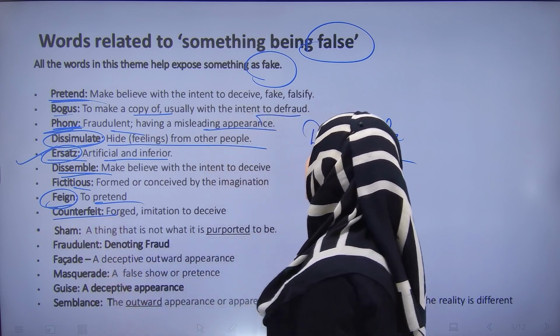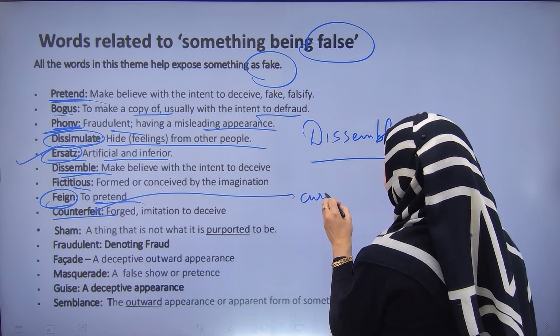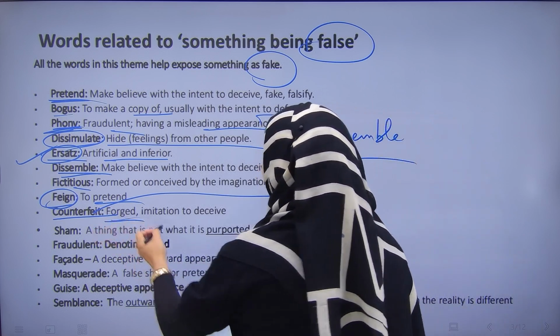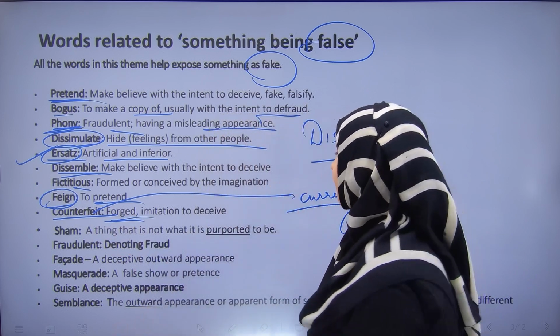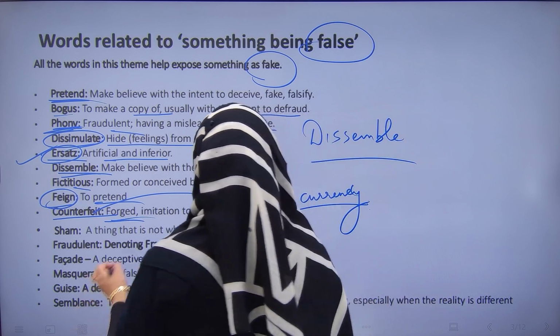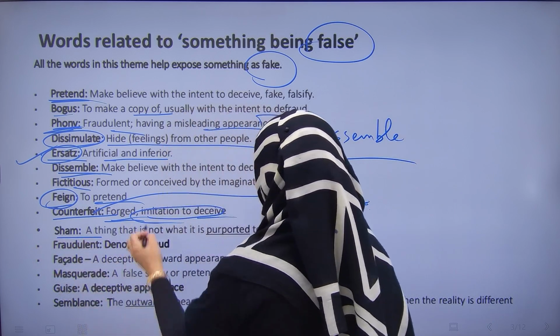Counterfeit, we often say counterfeit currency. You must have heard this expression, counterfeit currency, मतलब जाली नोट. ये क्या होता है? Forged है, artificially concocted है, ये real नहीं है, genuine नहीं है. Imitation, of course है, deceive करना चाह रहे हो आप. Sham.